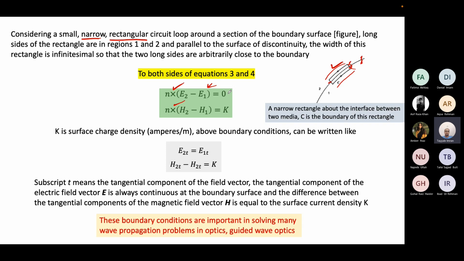And जो आपकी magnetic field है, that difference is equal to some constant K, that is ampere per meter. I mean, if you remember that we did this one, it means this E1 or E2 जो है, that is same from one side to the other side, ठीक है, ये continuous है.